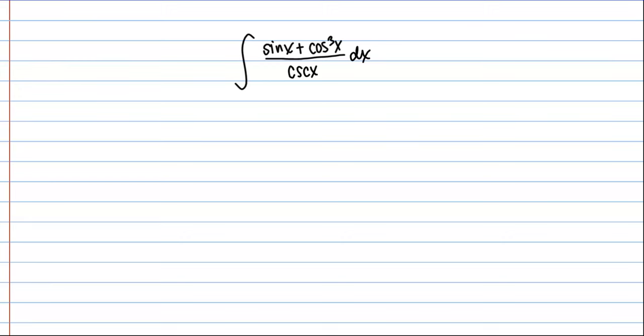You could try using u substitution on this problem. I don't think you'd get very far with it. But let's see what happens if we split up this integral. I can write this as the integral of sine x over cosecant x plus cosine cubed x over cosecant x.